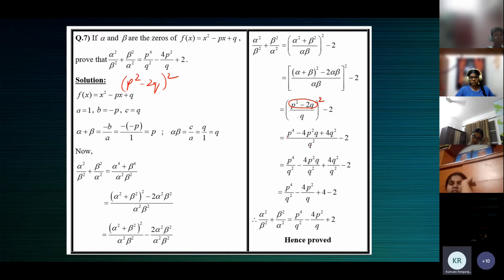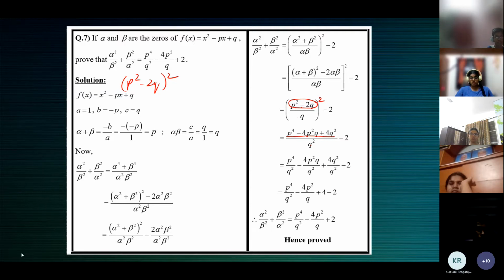When you expand, this is what you will get. You will get these three terms by Q square, minus 2. Now take the denominator for every term in the numerator: P to the power 4 by Q square minus 4P square Q by Q square plus 4Q square by Q square minus 2.